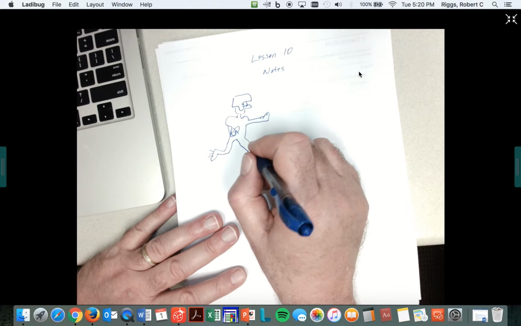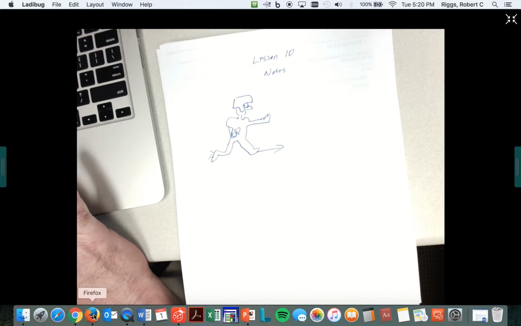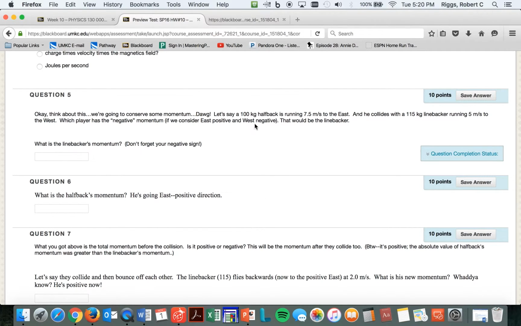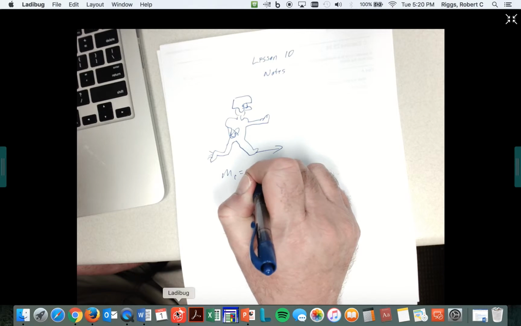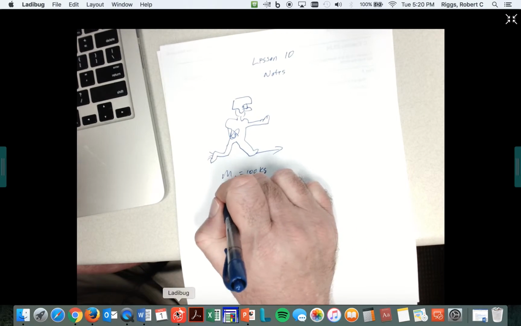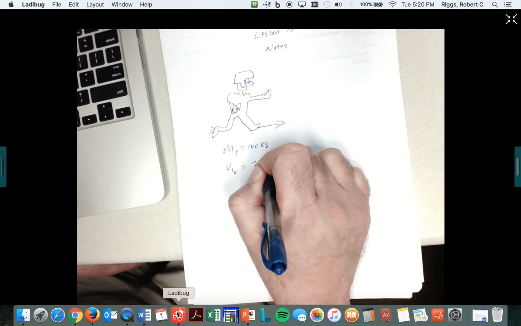So he's going this way. So running back. Do I have that right? He's running to the east. And his mass, m1, is 100 kilograms, and his initial velocity, v1, is 7.5 meters per second.